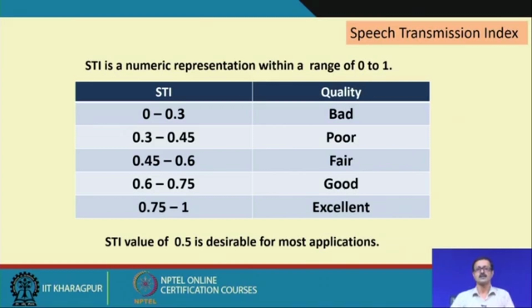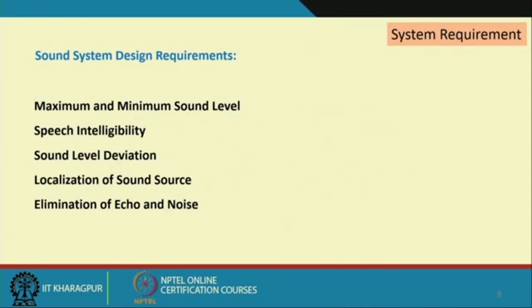Providing a very good or excellent STI is sometimes difficult. So, the sound engineers and designers keep the STI value very near to 0.6, around 0.6, 0.65 or so for their design of speech activity areas like a lecture room or conference room.